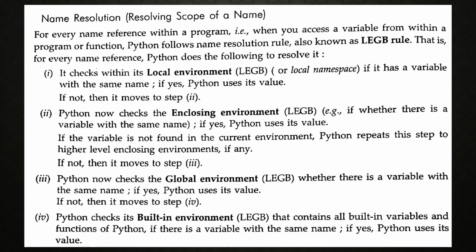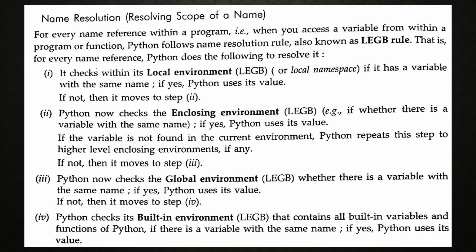If there is a variable with the same name, Python uses the global value. If not, then it moves to step number 4. So what is there in step number 4? Python checks its built-in environment.